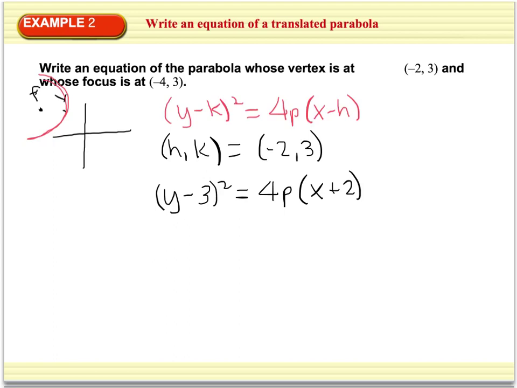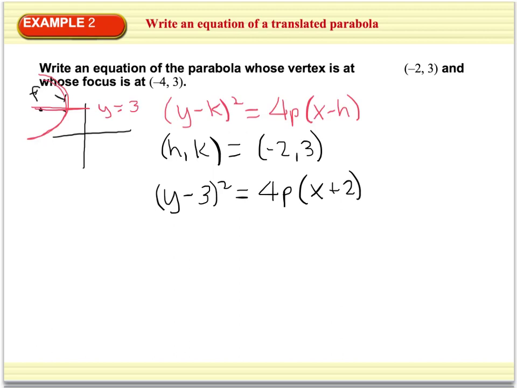Now I need to solve for the value of p, and I can complete my equation. To do this, we have to look at our parabola and notice that the vertex and the focus both are on the line y equals 3. So if you look at this, remember this is the line y equals 3. I need to find the distance between that focus point and the vertex point, and that is your p-value.